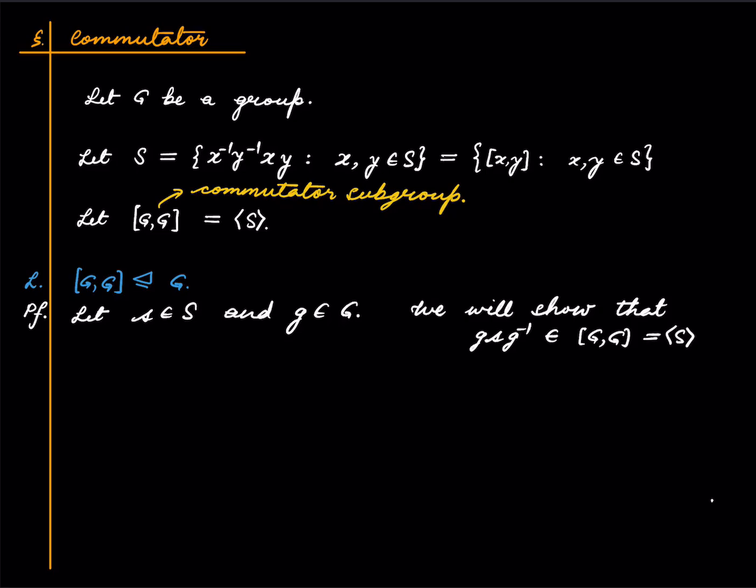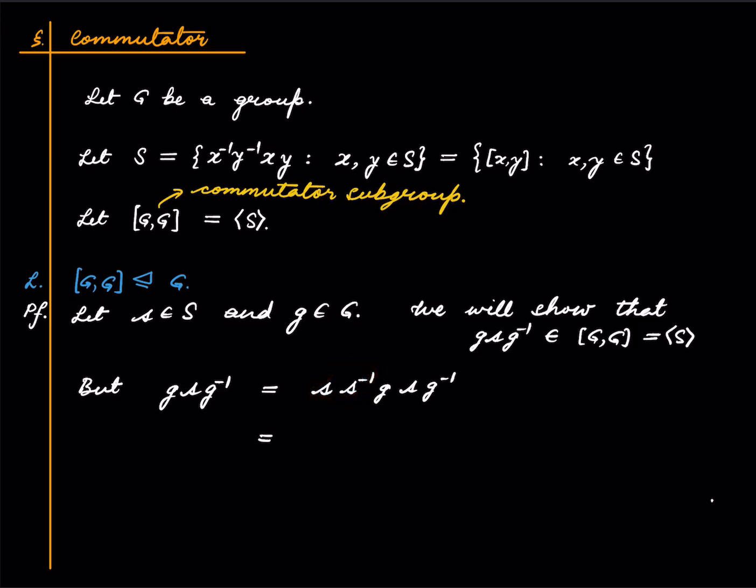So this will show normality by the previous lemma. But g s g inverse equals, this is a little bit of a trick, s s inverse g s g inverse. All we did was multiply with an identity and write the identity in this way.